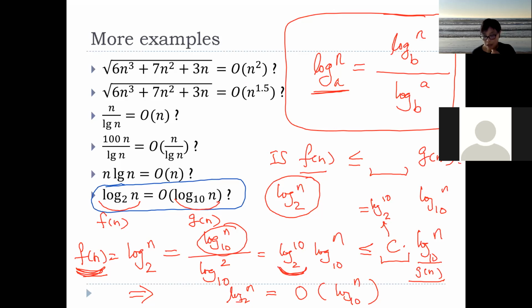Any constant here, as long as it is bigger than 1, you can use the same trick and argue that this can be any constant A, and this base can be any constant B. This relation will then hold, because once you apply the change of base formula, you can change a logarithmic function from one base to another one, multiplying just by a constant. That's why this relation holds.